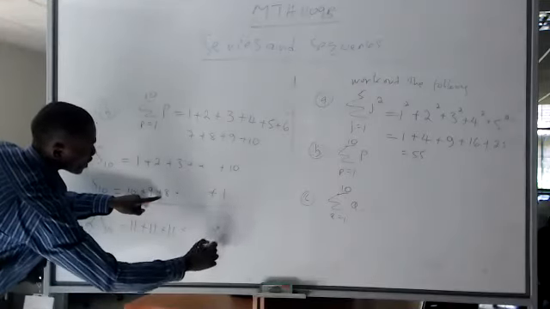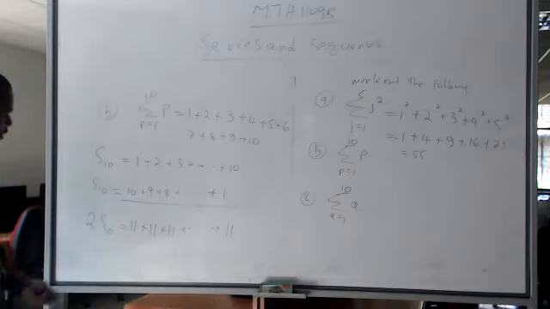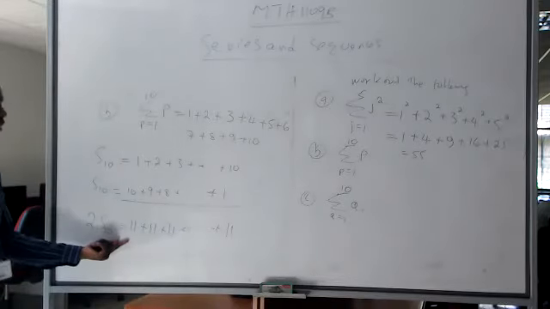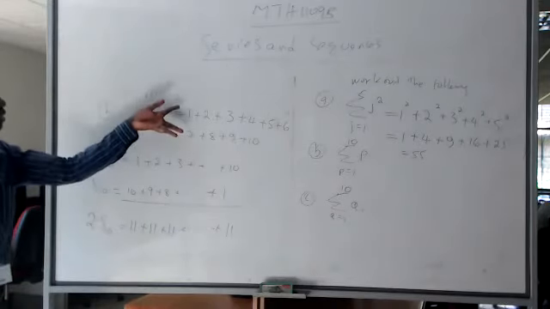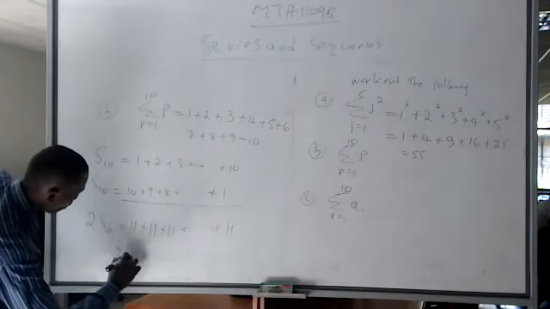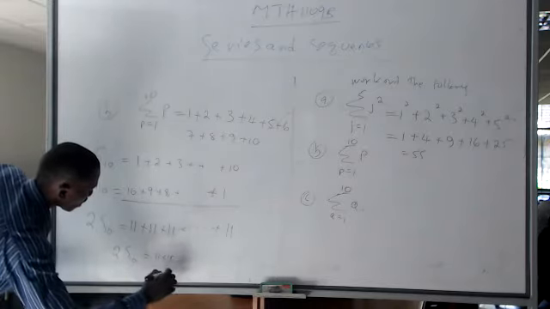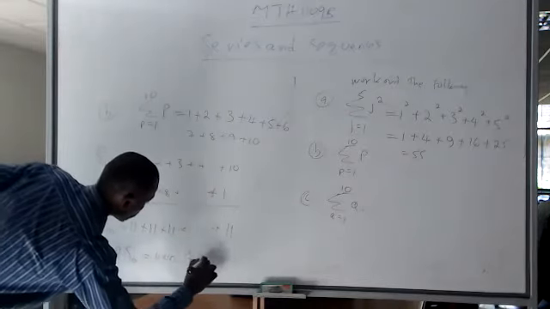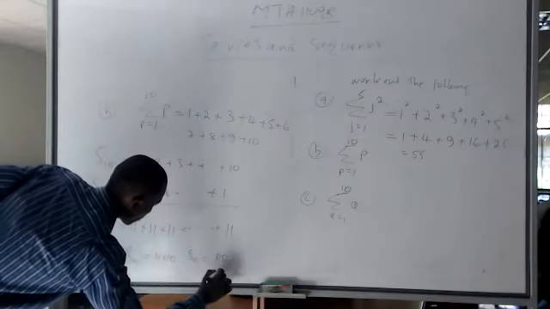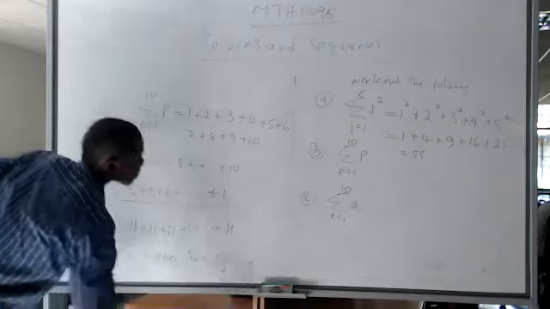All the way, 10 plus 1 is 11. So you're having 11 repeated 10 times because you are adding 10 terms. But this is twice the summation, so twice the summation should be 11 times 10. Therefore, the summation should be 110 divided by 2, which is 55.